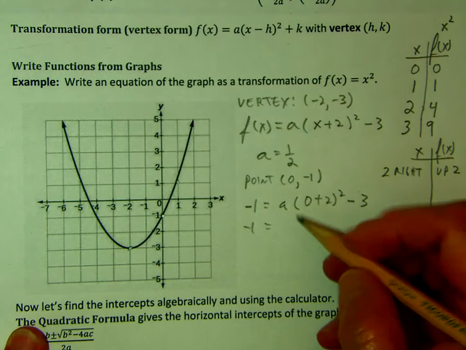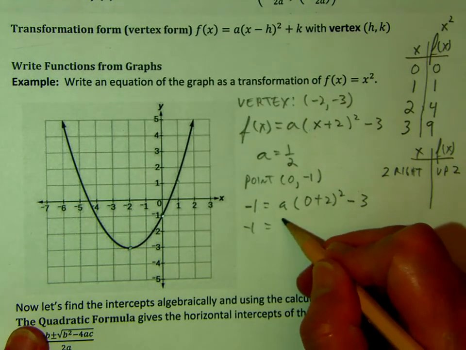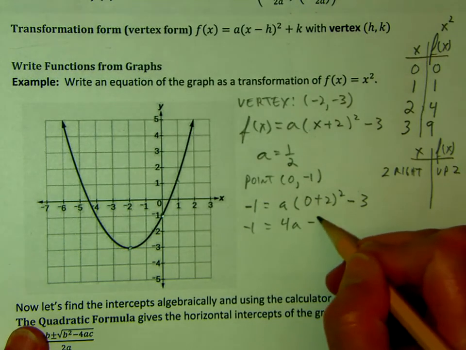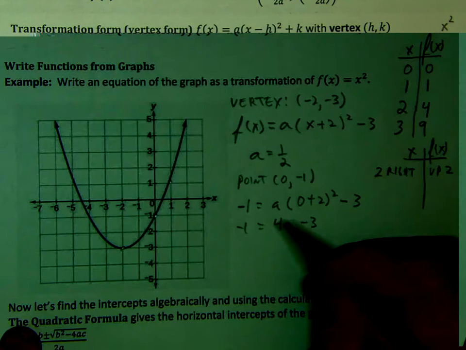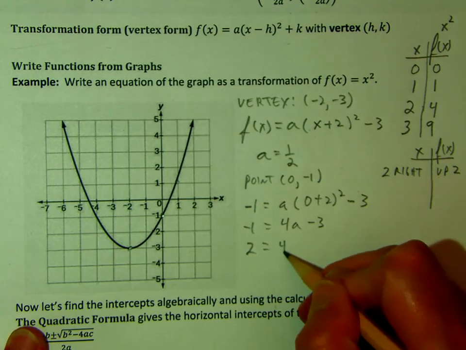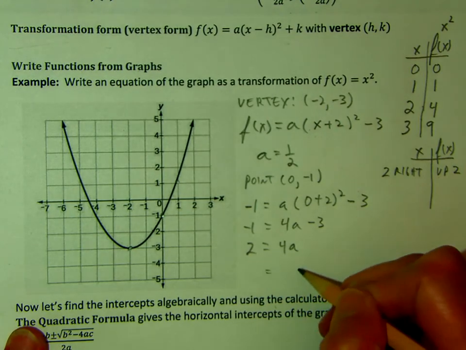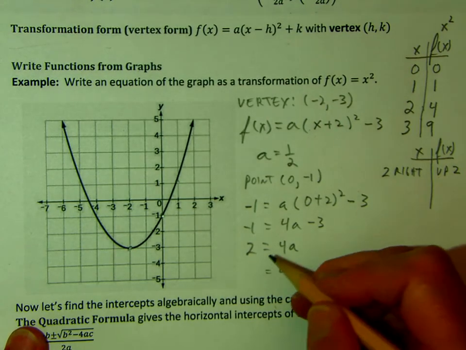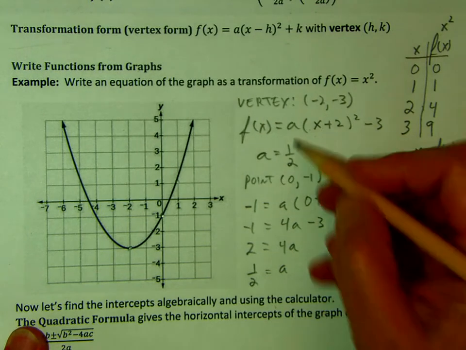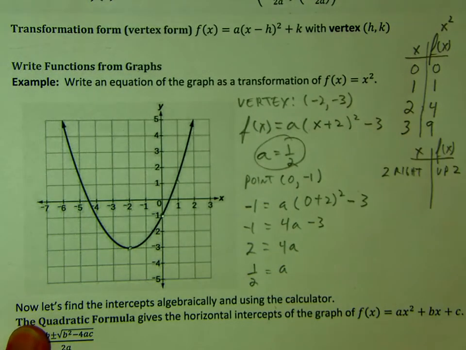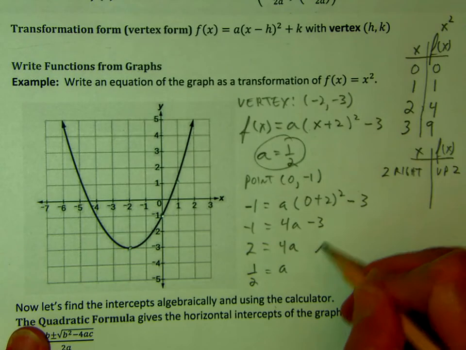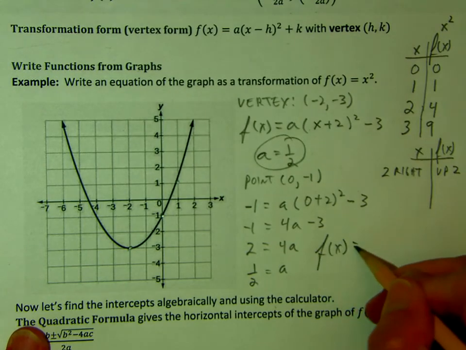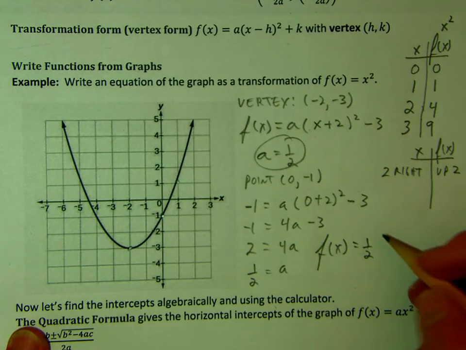So negative 1 is 4a minus 3. So adding 3 to both sides, 2 is 4a. And dividing both sides by 4, a is a half, as we hypothesized. So we now have our function in transformation form.